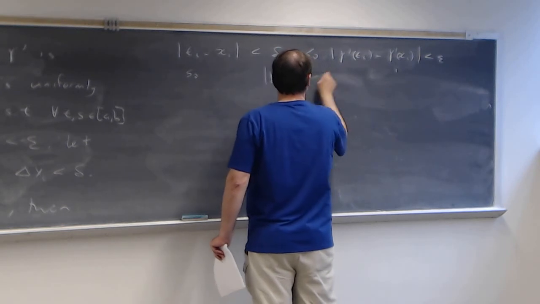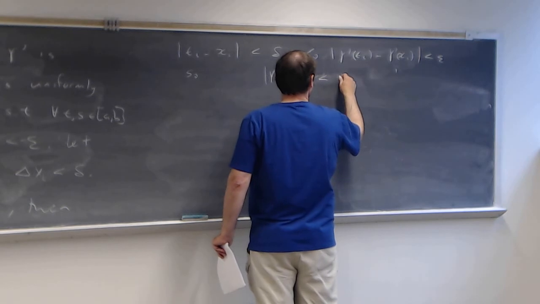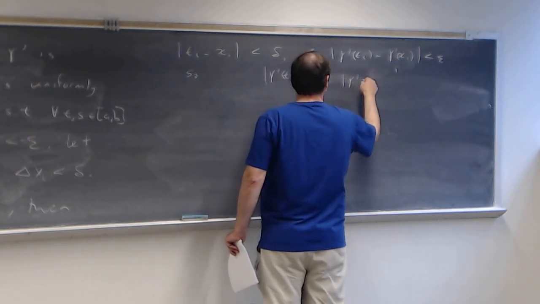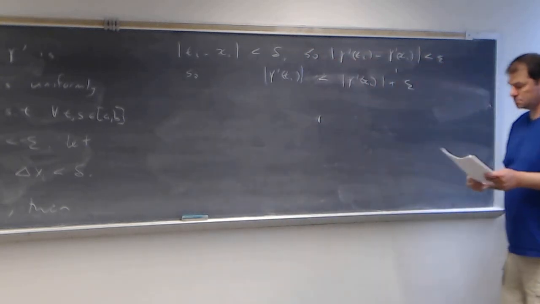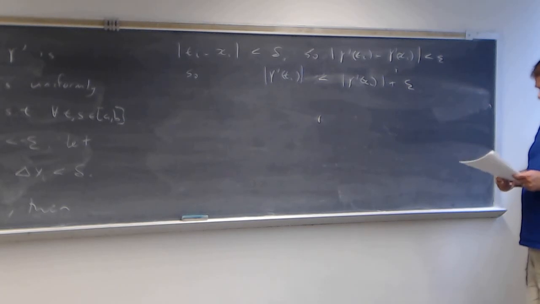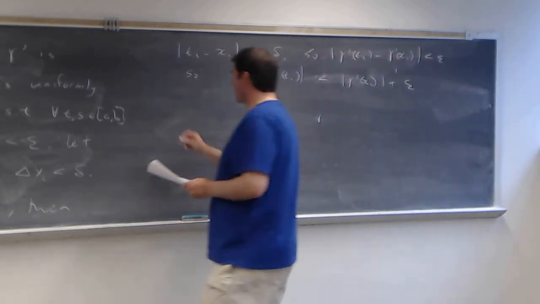This will tell us that the norm of this guy will be less than the norm of gamma prime of x sub i plus epsilon. There's some work to be done there, but that can be done.